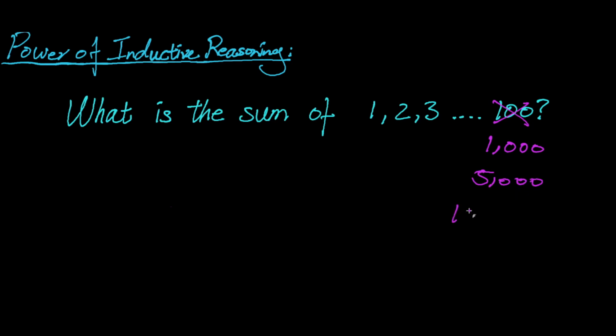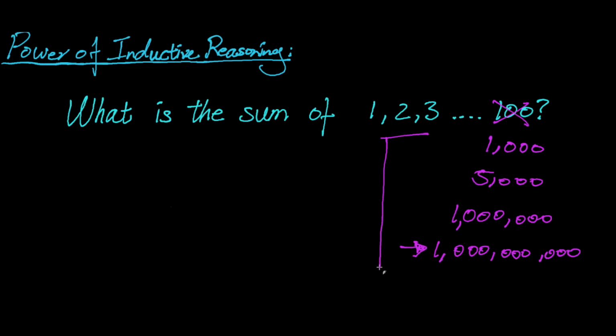What about 1,000,000 or 1,000,000,000? And in the case of 1,000,000,000, I don't think any of us are willing to plug and chug into a calculator. So we need to find some general way to solve the problem in the case of these values right here.